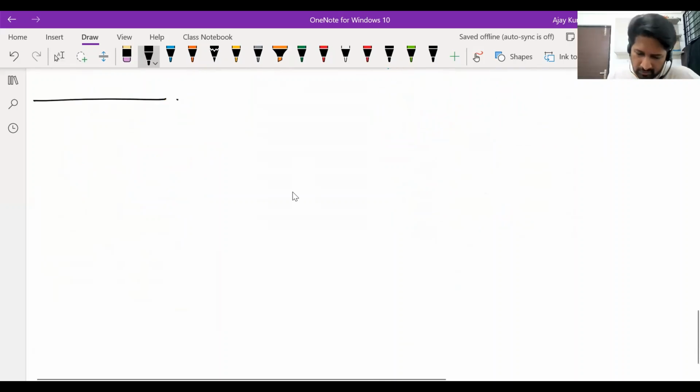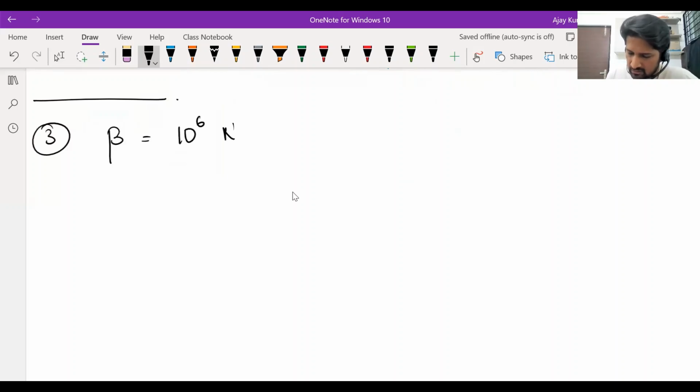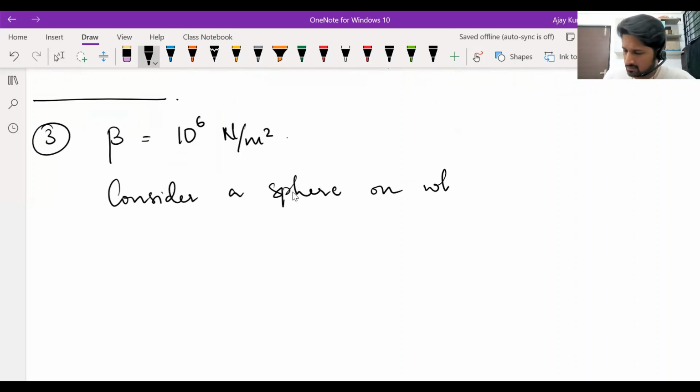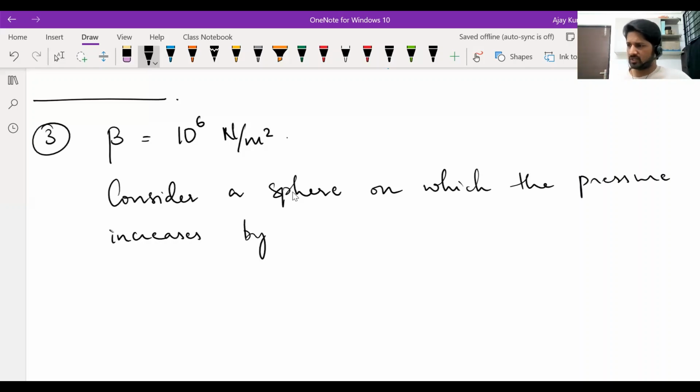Next, let's try another problem, similar one. Let's say the bulk modulus of a material is 10 power 6 Newton per meter square. Okay, let's assume a sphere itself, on which the pressure increases by, okay, we need a significant change in pressure to create a significant change in volume.